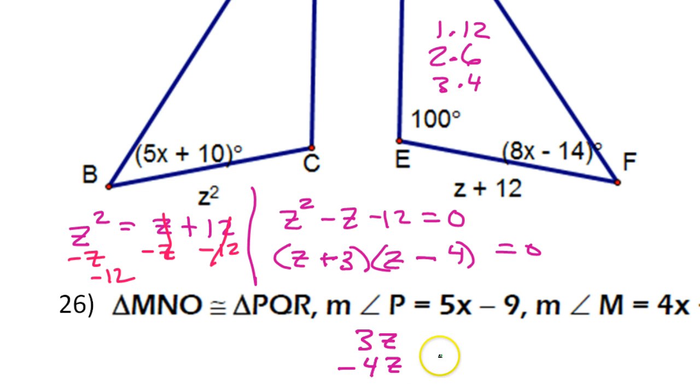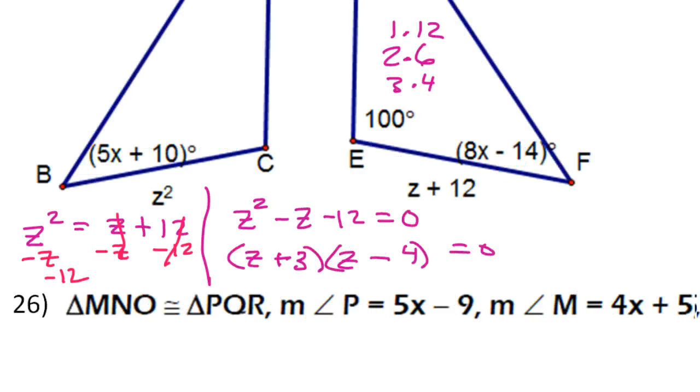Together they make negative 1z, or simply negative z. And that's what we have in the middle, so that's what we wanted. Also, we need this times this to equal that. 3 times negative 4 is negative 12, so that's cool.